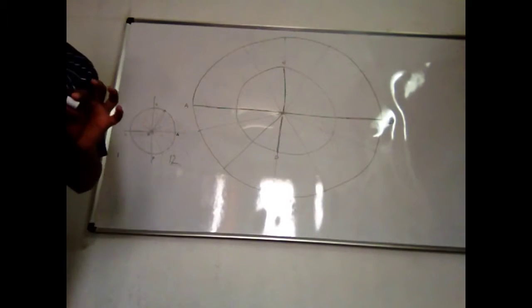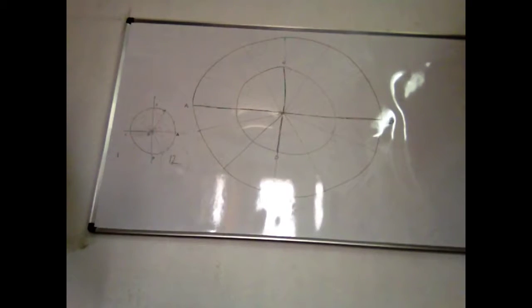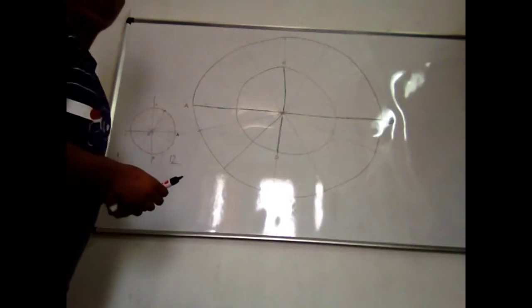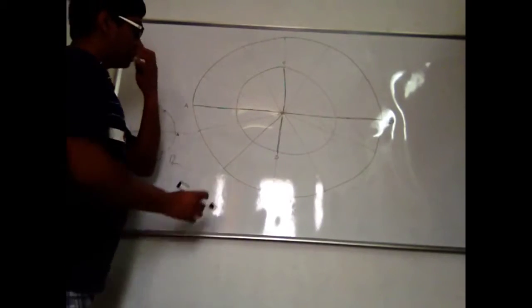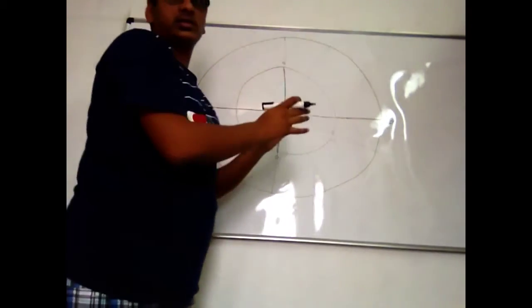By the way, always use a 2H pencil for the construction lines. Never use an H or an HB. Right. So now, you have divided the circles into 12 equal parts.